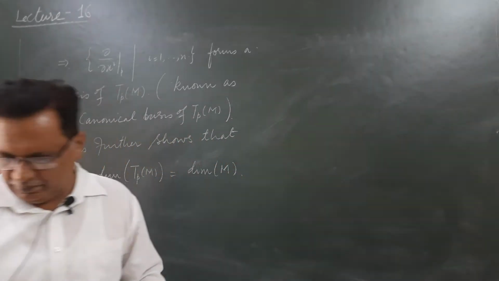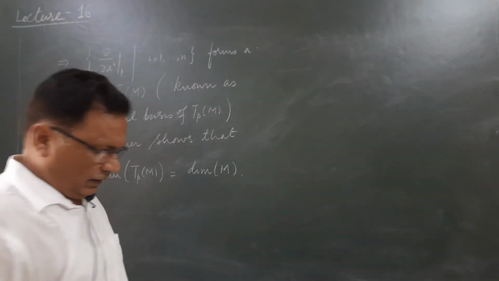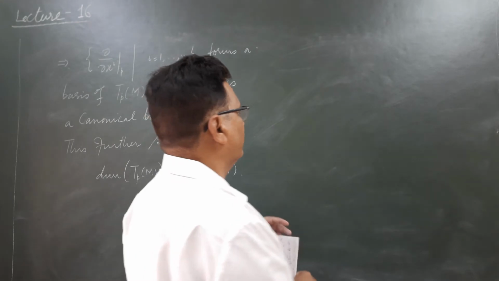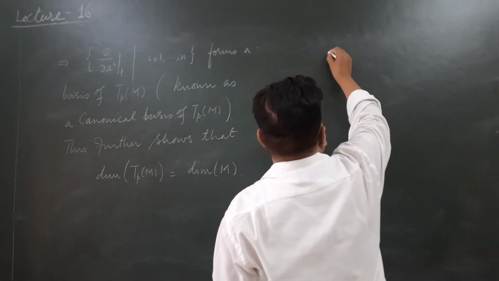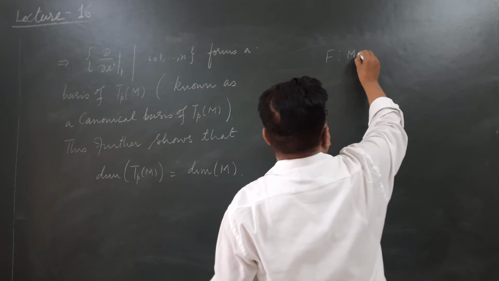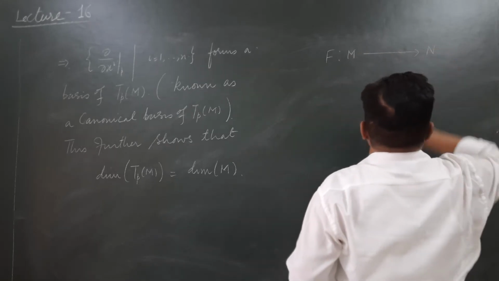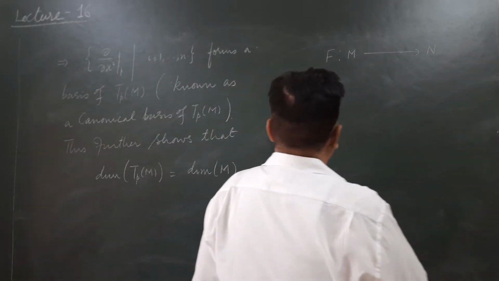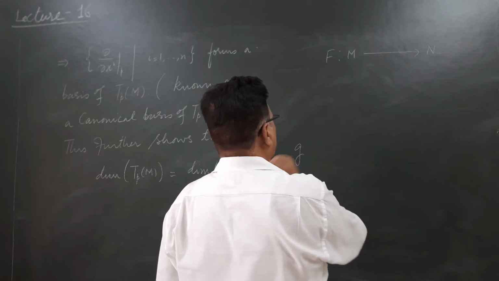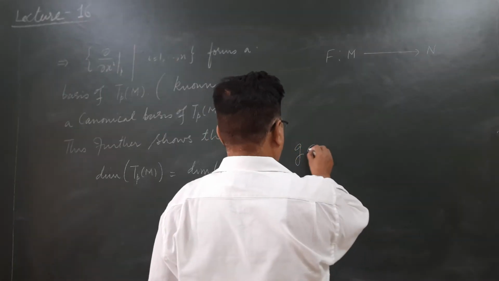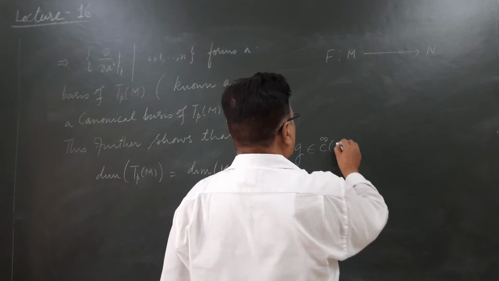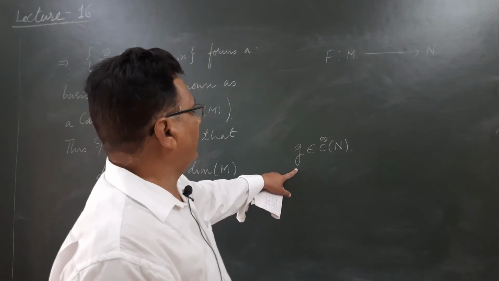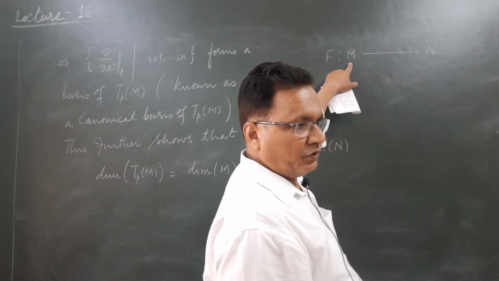One thing I forgot to mention in between: if you have a map from one manifold to another manifold, suppose the situation is that you have a differentiable map F from a manifold M to a manifold N. Manifolds are also differentiable. Now if I pick a function g, which is a real valued function on N, can I find a real valued function on M also?